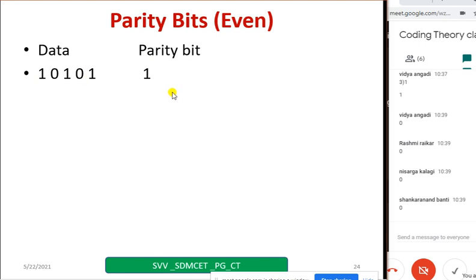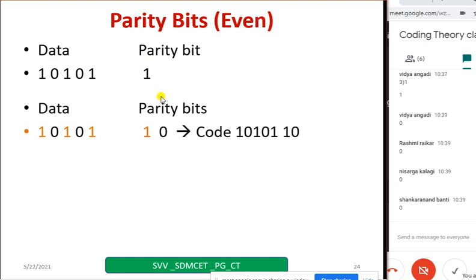So let me give one simple example so that you can understand. I have made a different color so that you can understand. These bits 1, 2, 3, 4. It should become even parity. Now 1, 1, 1, 3 ones are there. Only considering these 3, I am making it 1. And I consider black color, so it should be 0.